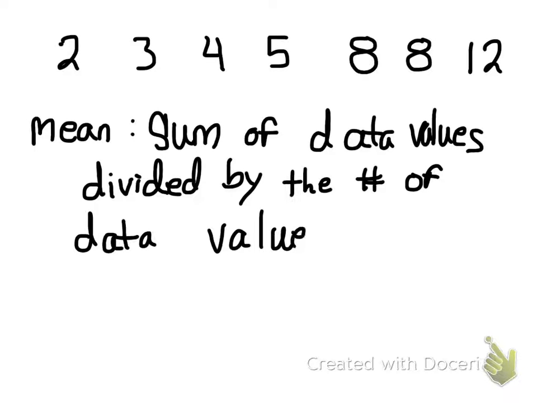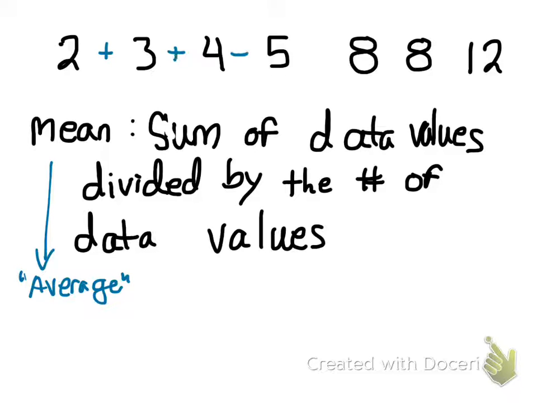So I'm going to go ahead and show you an example of mean with this set of data we were given. So for example, we would sum, so we're going to add up 2 plus 3 plus 4 plus 5 plus 8 plus 8 plus 12. We'll sum them, add them all up.